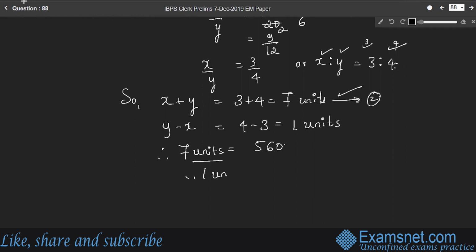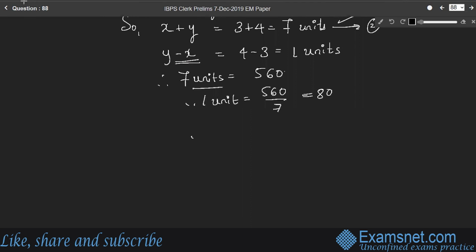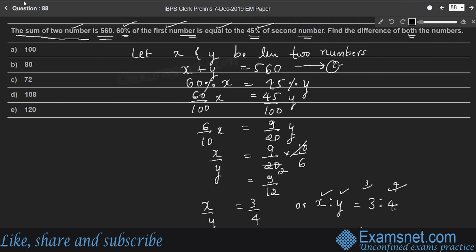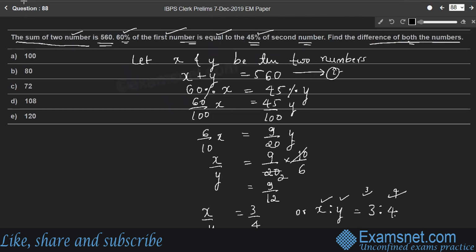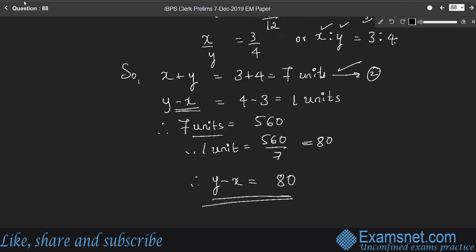Therefore 1 unit is equal to 560 by 7, which is 80. What is 1 unit? Which is Y minus X. Therefore Y minus X is equal to 80. So the difference of both the numbers is 80.